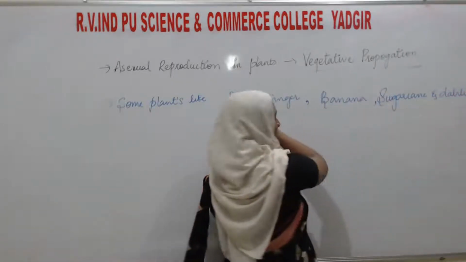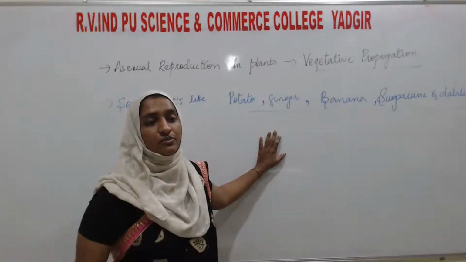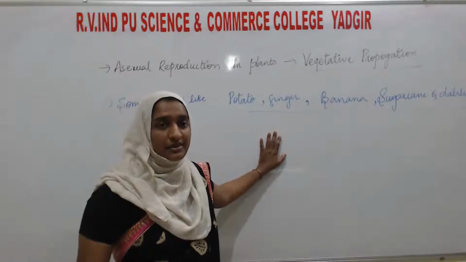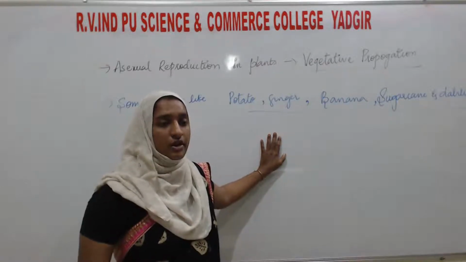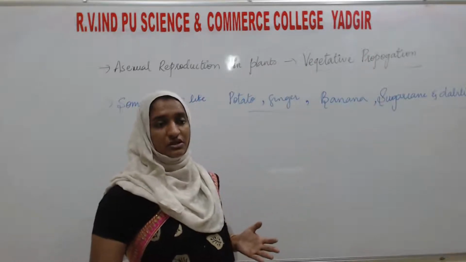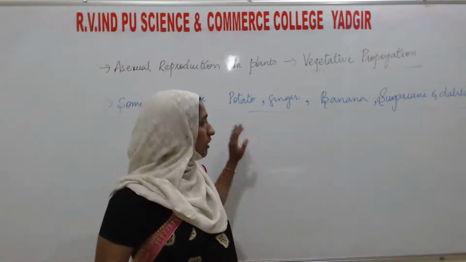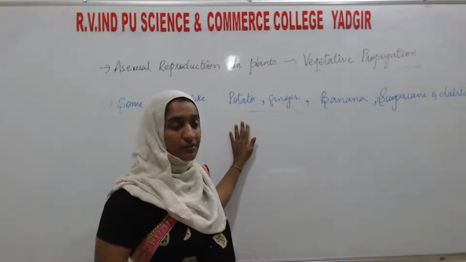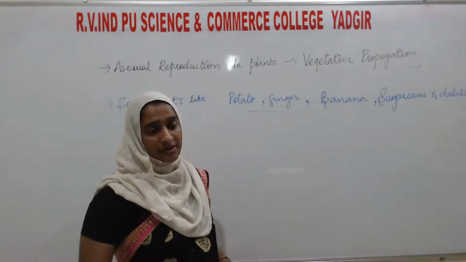All these plants, how are they going to reproduce? Whether some flowers are going to grow, whether sexual reproduction is going to take place? No. All these plants will undergo a process of vegetative propagation.